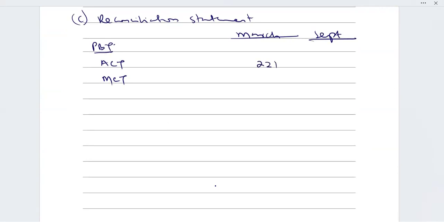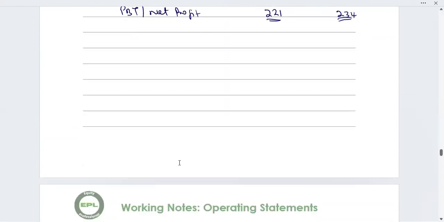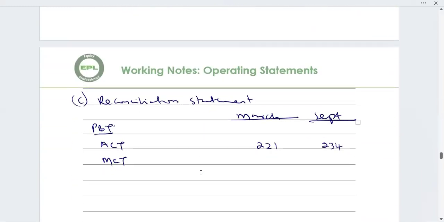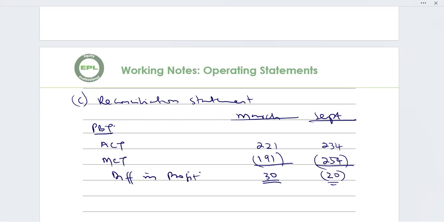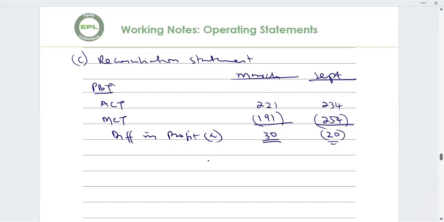Then under MCT, 191, 254. Okay. So here is 30. Then here is minus 20. So this is the difference in profits, number A. Then you now go to difference in stock valuation.